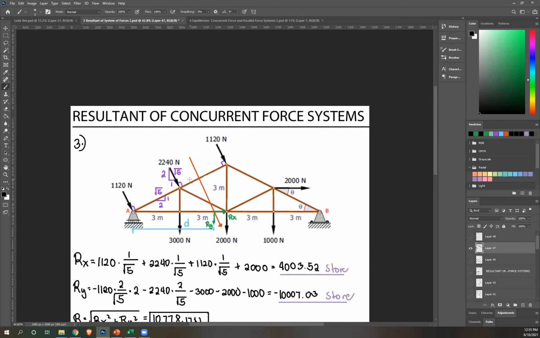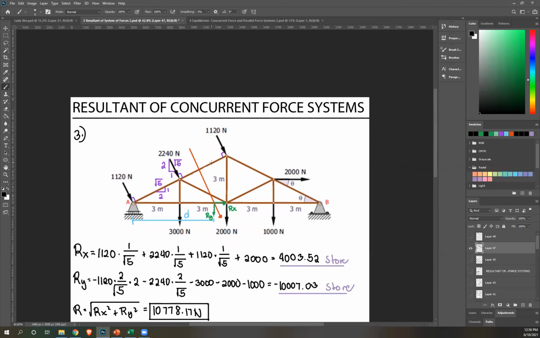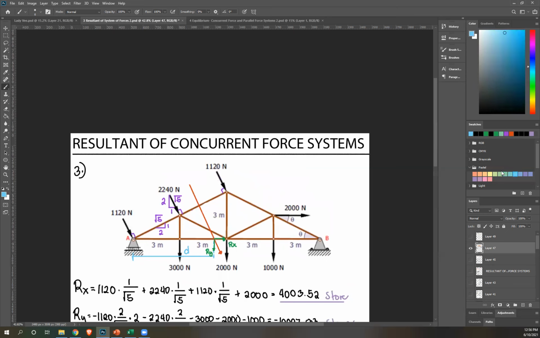Let's do that. We know the distance we want is the hypotenuse of this right triangle with base 3, and we already know the slope of this. So to get this length, you can use ratio and proportion, right?